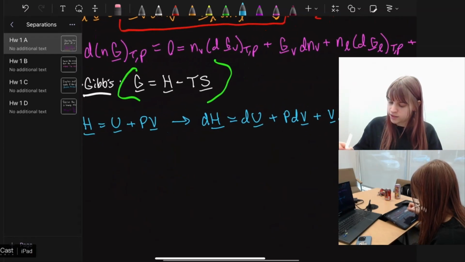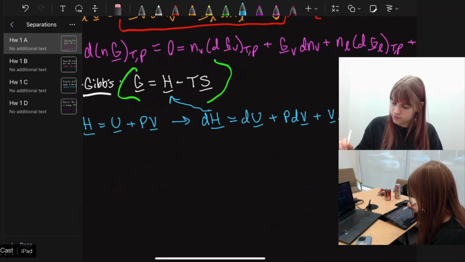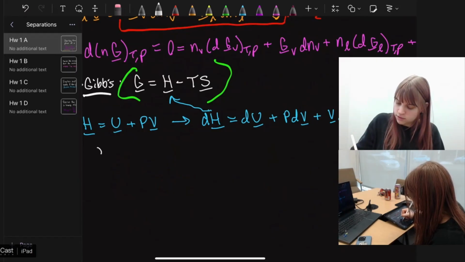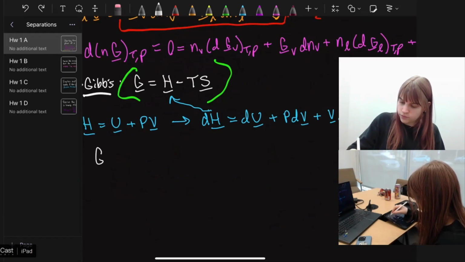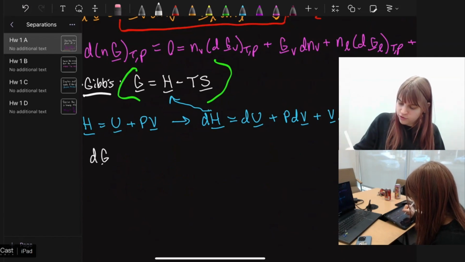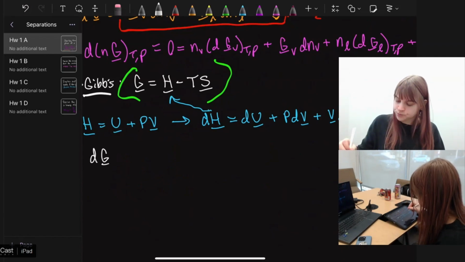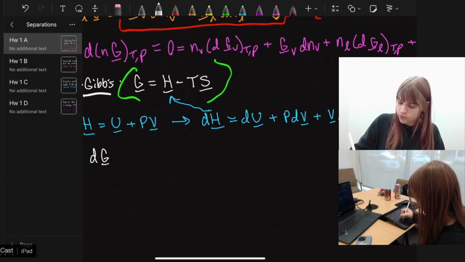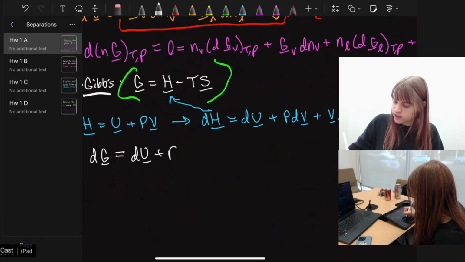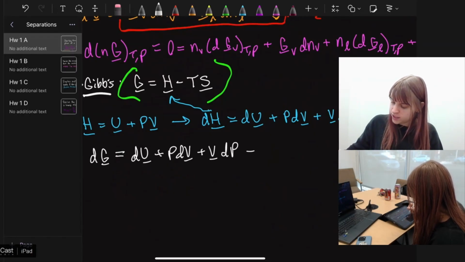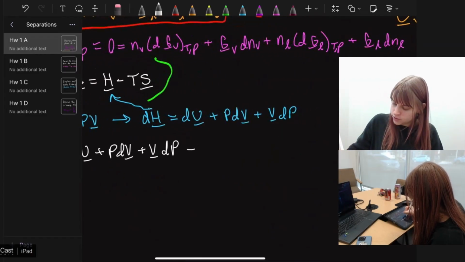Now we can plug that into there. So we can say that the change in the Gibbs free energy equals dU plus P dV plus V dP minus T dS plus S dT.